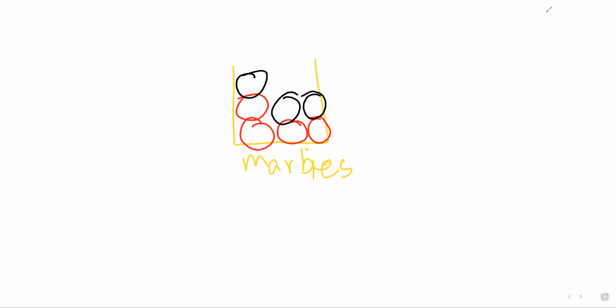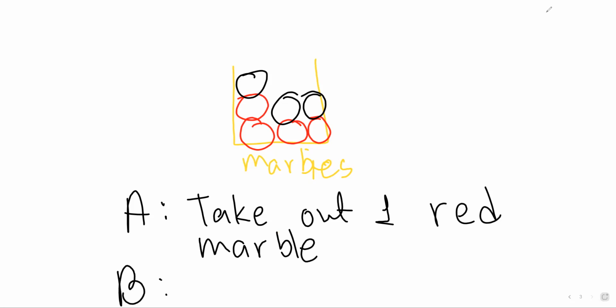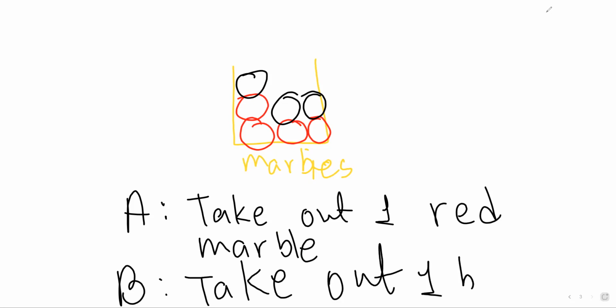The first event, event A, is that you take out 1 red marble, and event B is take out 1 black marble.